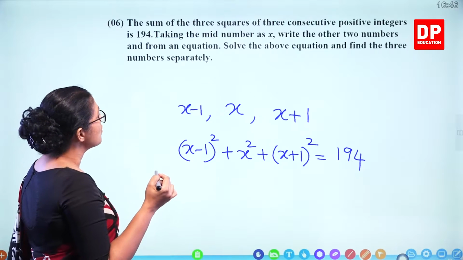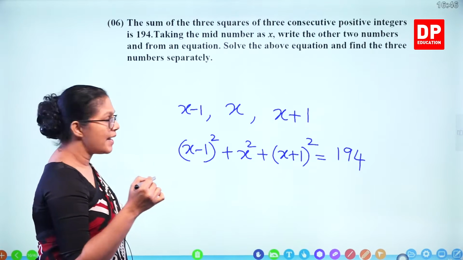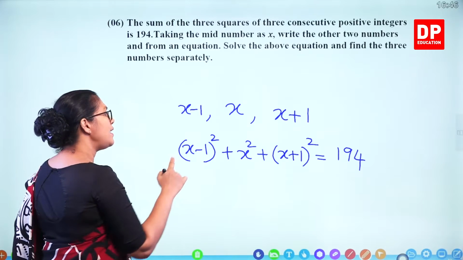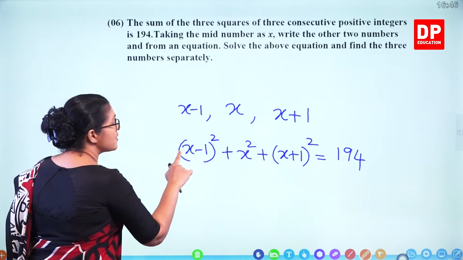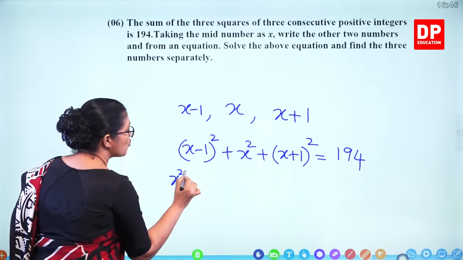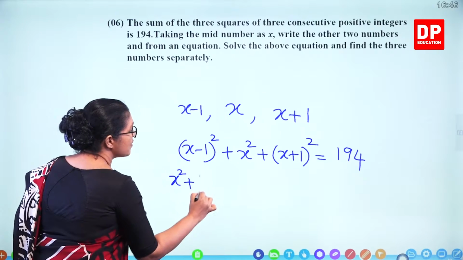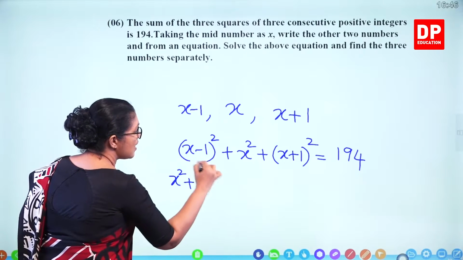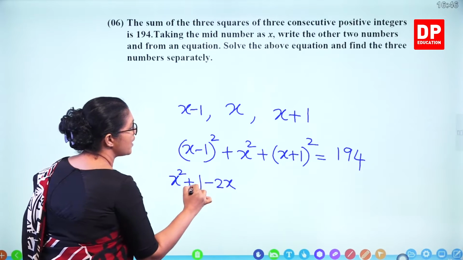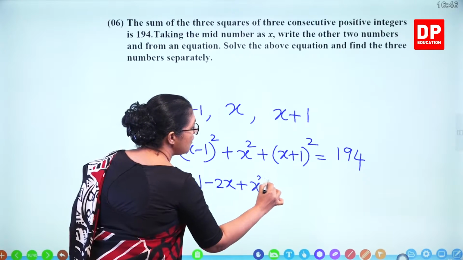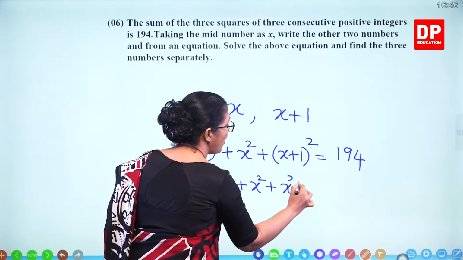And solve the equation and find the 3 numbers separately. So we can expand brackets. So what's the expansion? You get the square term and the square term of this, double of this one, minus 2x. And when you square this one, you get x squared.